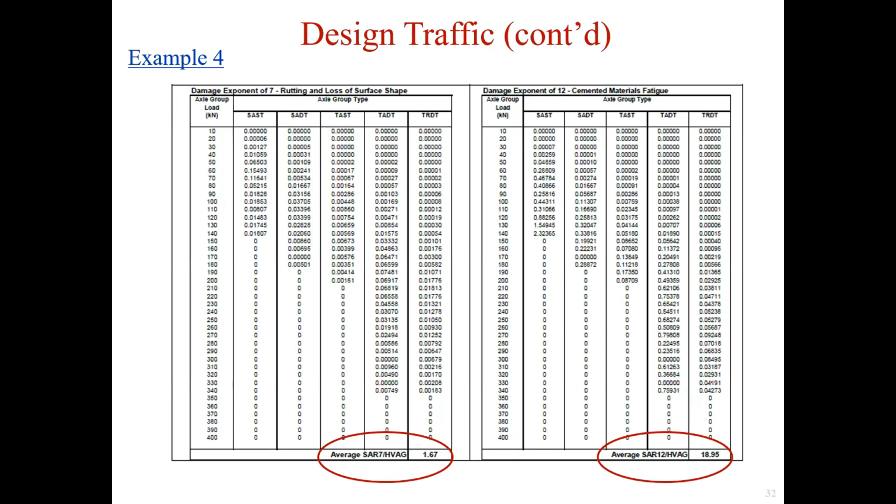Similarly, for the damage exponent of 7 and 12, the damage indices SAR7 over HVAG and SAR12 over HVAG are calculated and shown in these tables.